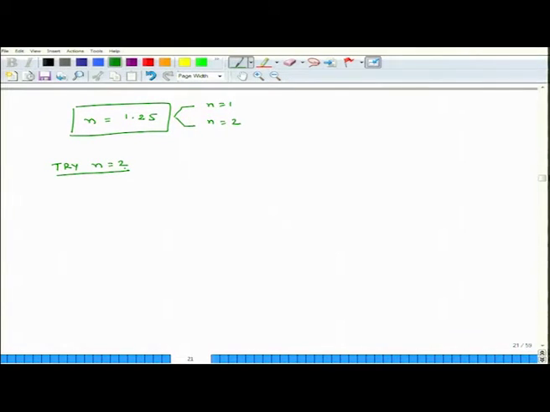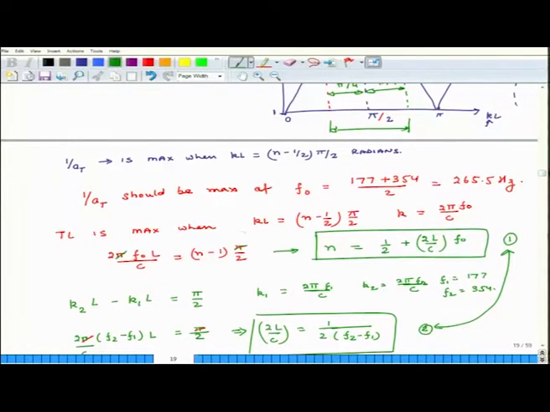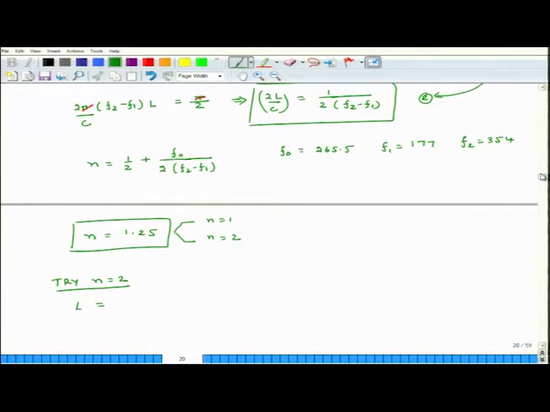So, if n is equal to 2, then L should be what? We look at this expression, n equals half plus 2L by c times f naught.